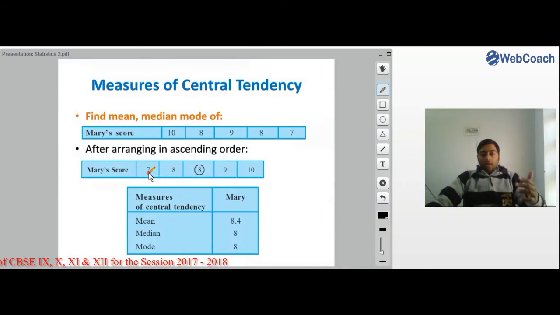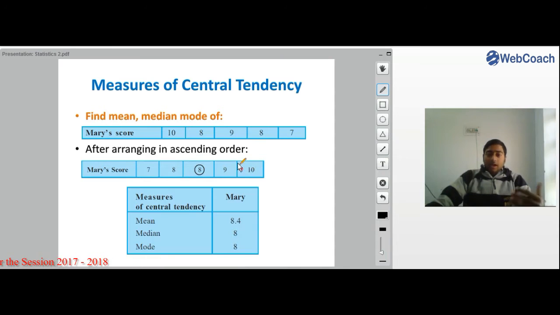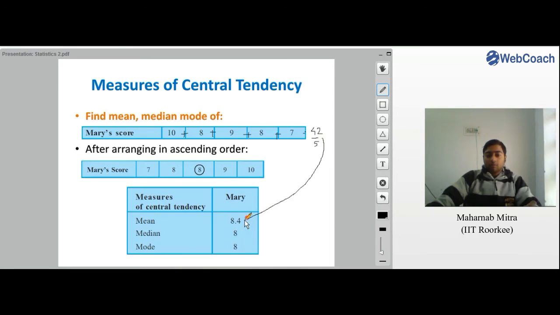So you can see, when we add up all the numbers and divide by the number of observations, like when we add 10 plus 8 plus 9 plus 8 plus 7, we had obtained 42, right? And here the number of terms is 5. So therefore we get the mean as 8.4. So this is the mean.